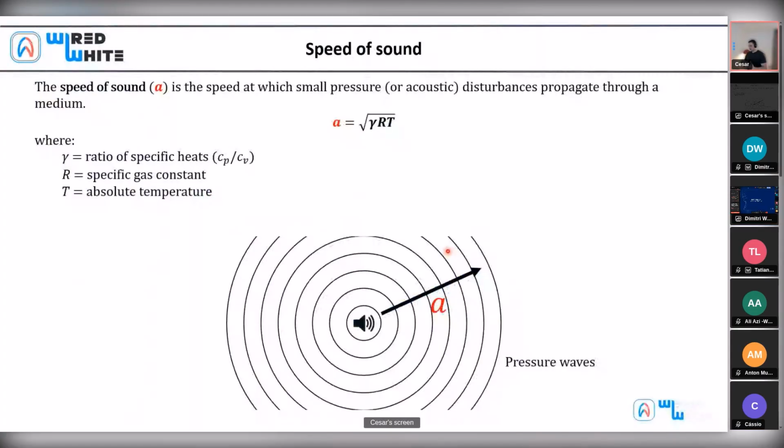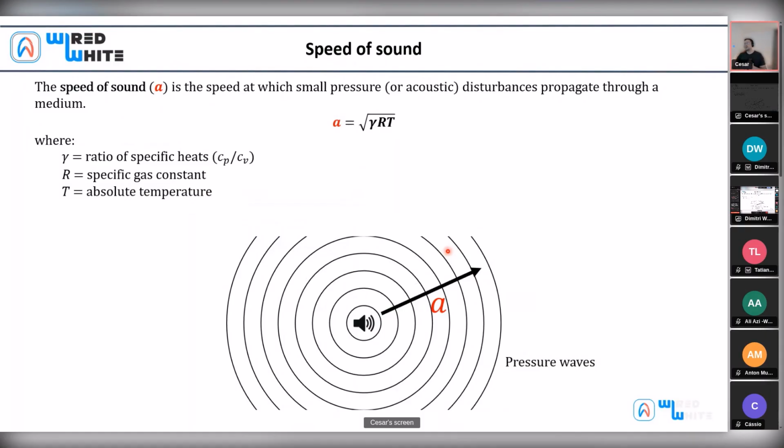The first thing that we need to understand and become familiar with is the speed of sound, which is basically the speed at which perturbations in the form of pressure waves travel through a gas, right?